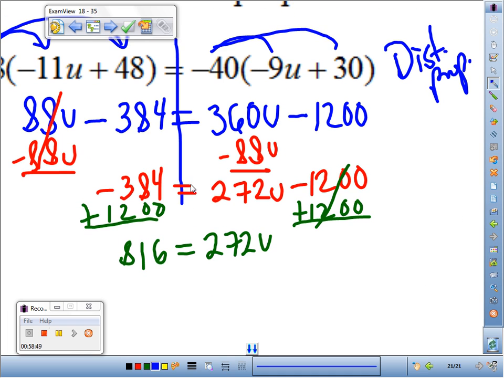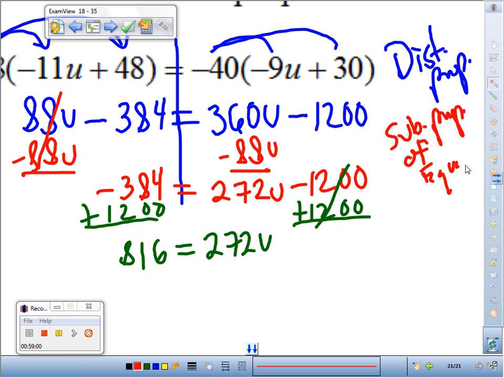Oh, hold on. Before I continue, what did we do to each side here after we distributed? So you write subtraction property of equality. What do we do here? No, we already subtracted. What do we do here? Add. Addition property of equality.